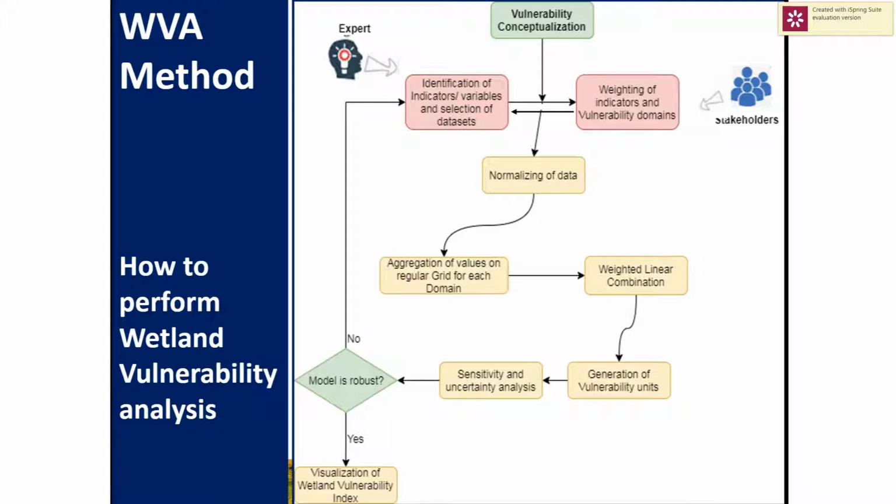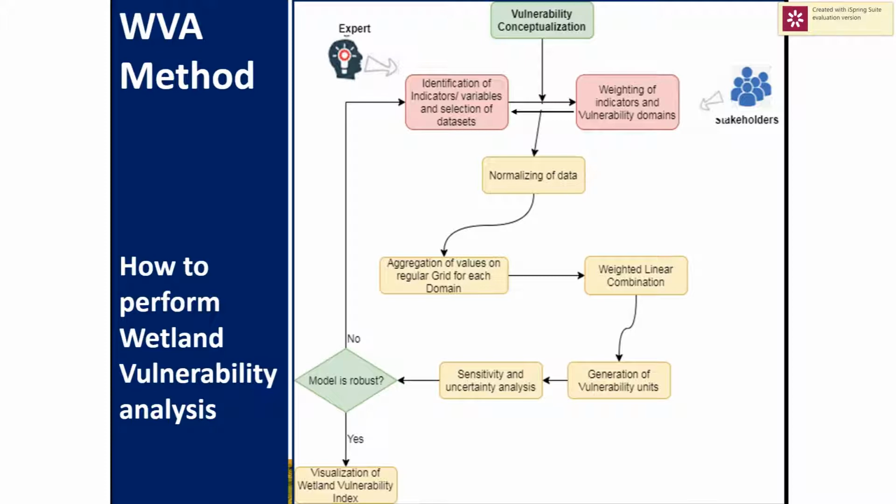Now, before they finally generate the final output, they conduct what is called sensitivity and uncertainty analysis. This analysis helps to see how accurate the datasets they have generated are, and what level of sensitivity it puts onto assessing the vulnerability of a wetland.